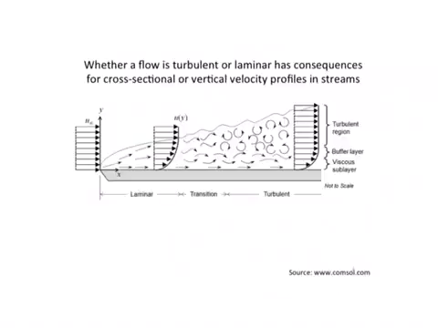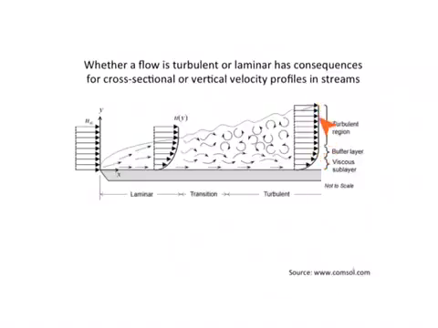So this is just another depiction of a transition from laminar flow, where the streamlines are roughly parallel but very smooth, to transitional flow, where they start to develop some undulations, to fully turbulent flow, where you get these eddies fully developed close to the bed because of the no-slip condition. We go back to transitional to laminar flow, and velocities near the bed are much slower, tapering down to zero.